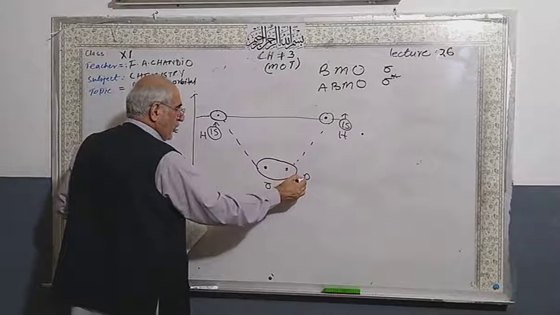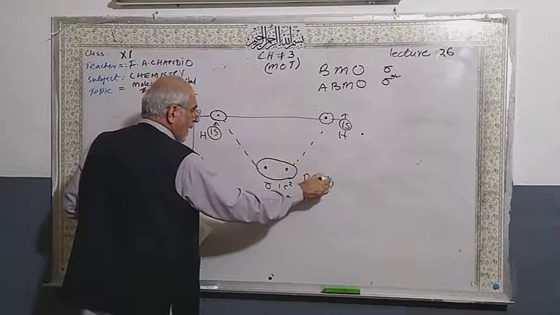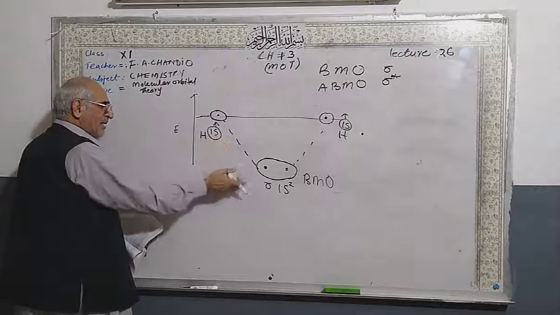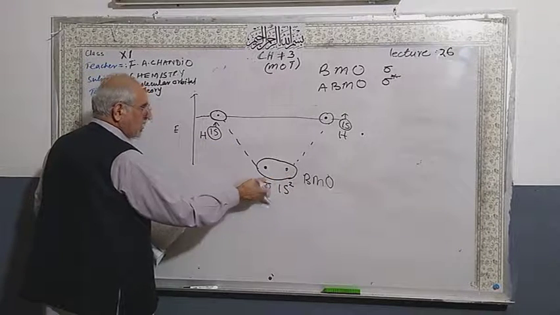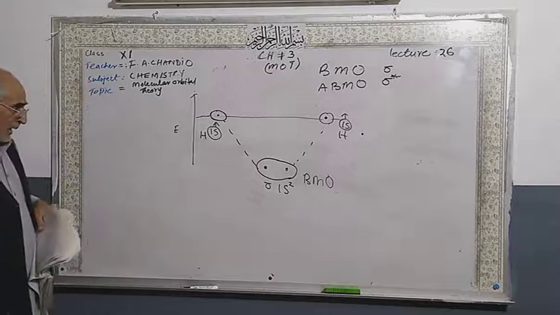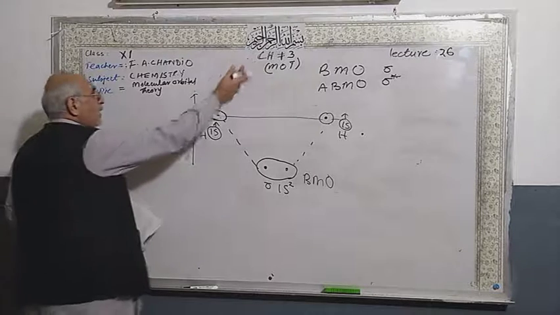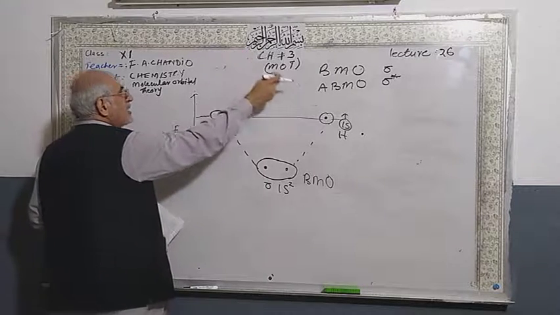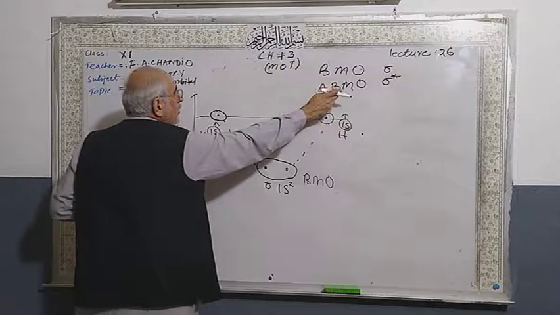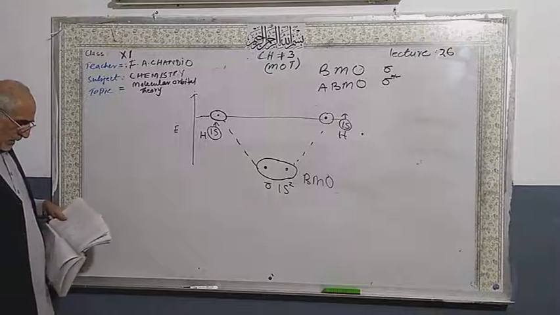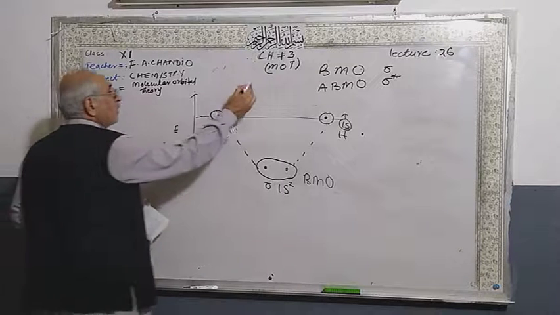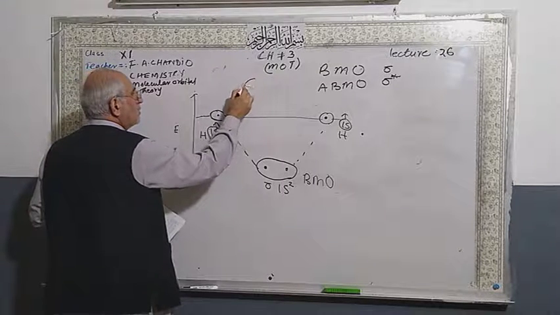Bonding molecular orbital: less energy, strong bond, sigma. And the other one, which has high energy, is called the anti-bonding molecular orbital, sigma star.